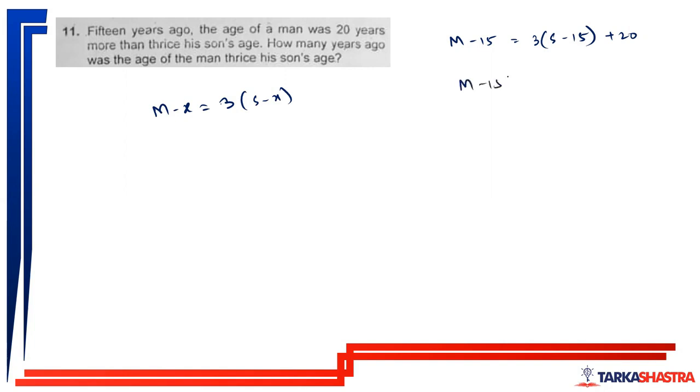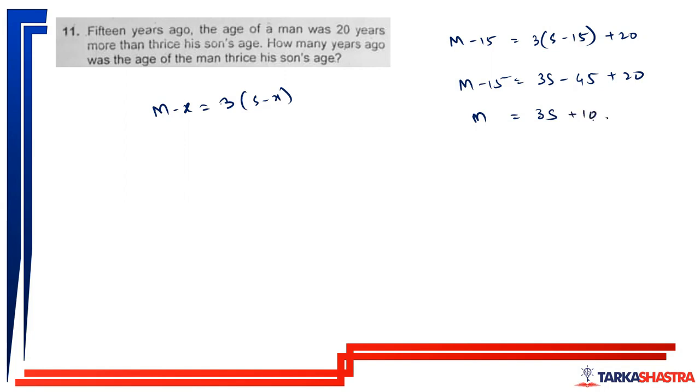m minus 15 is equal to 3s minus 45 and this is plus 20. So m is equal to 3s. This is how much? Minus 30.